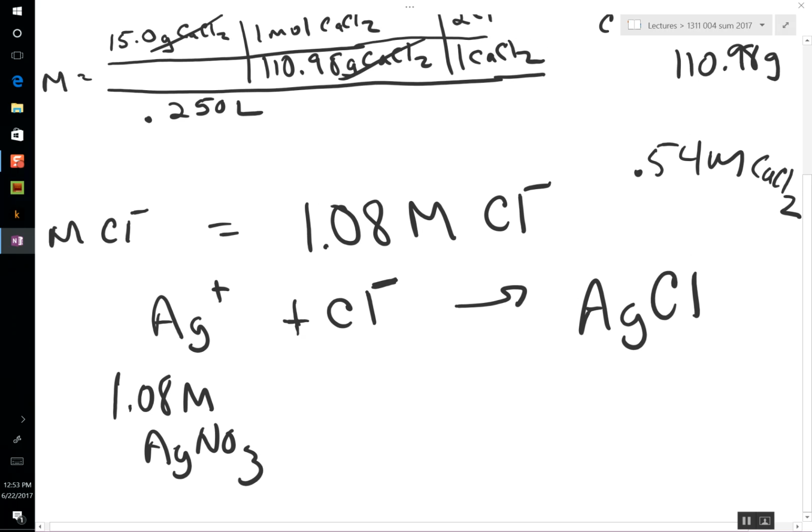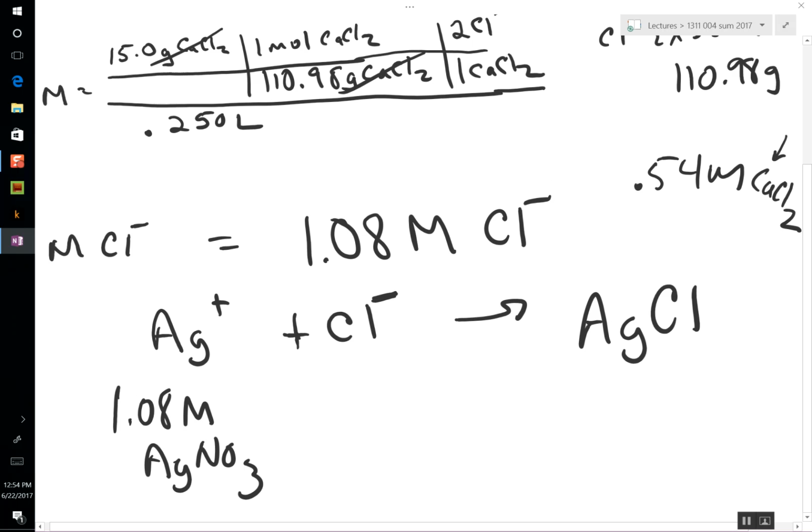Because the calcium chloride delivers twice the amount of chloride as it does calcium. So there are times when you really do want to know the molar concentration of the ions floating around in there.